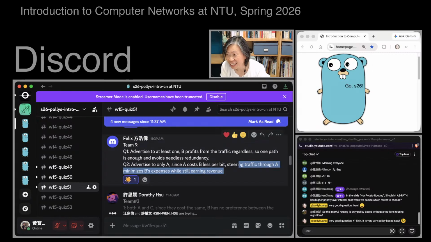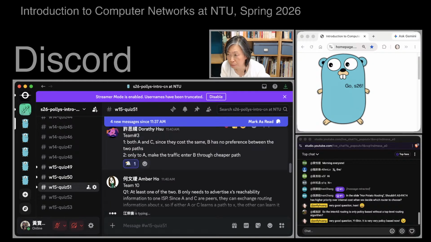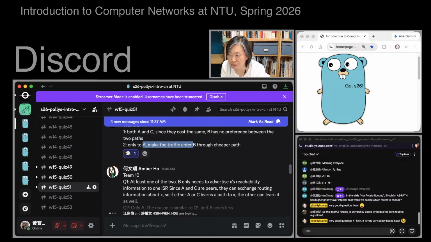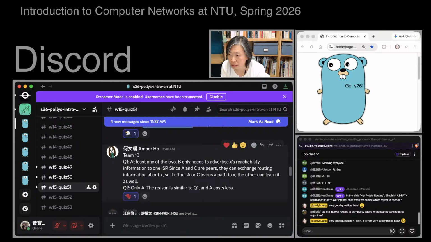Okay, this might be a good idea when B is just starting up, or depending on the capital behind B. Both A and C. So I see that, hey, you guys have different thinking, and this time you don't mind expressing yourself, right? Only to A. Make traffic enter B through the cheaper path. Okay. At least one of the two.